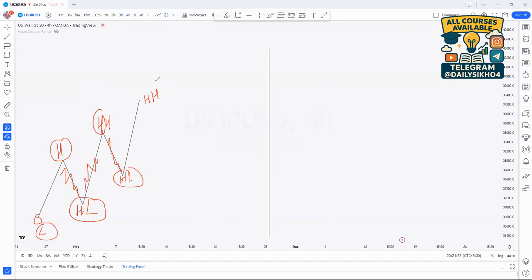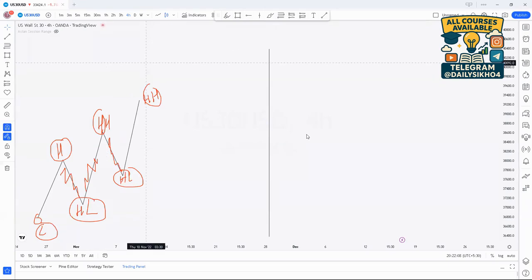Nowadays, people are saying structure is lying, stuff like that. No, it's because they don't use it properly. The reason they say it is because I also noticed this on Euro USD.